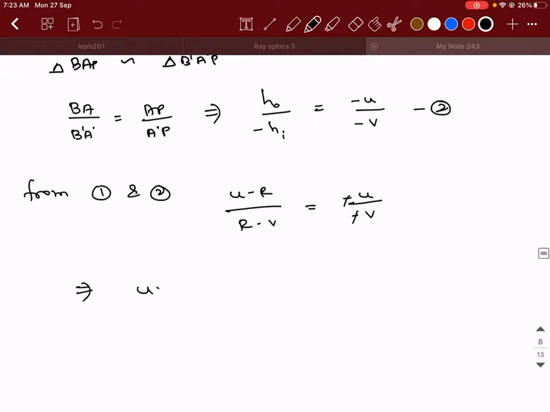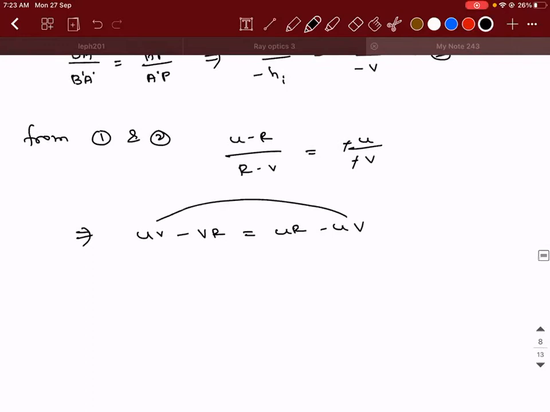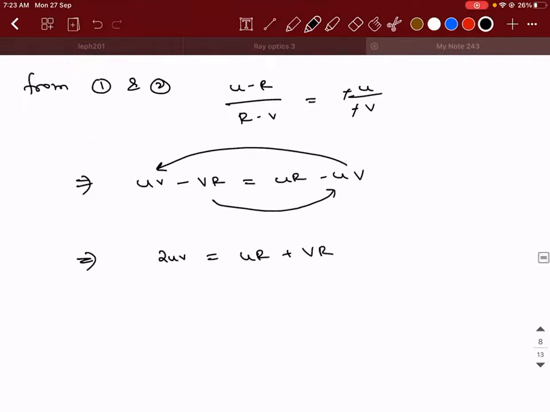So if I rearrange this equation, UV minus VR is equal to UR minus UV. So minus UV will come this side, VR will go to the other side. So 2 times UV is equal to UR plus VR. Okay. Divide with UVR on both sides.